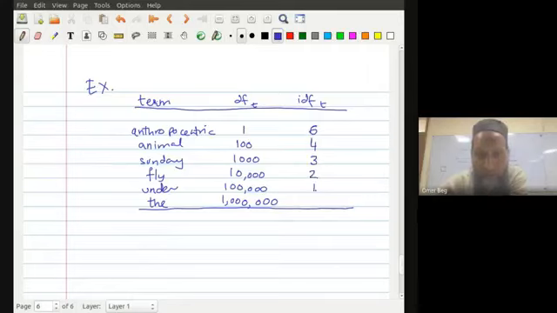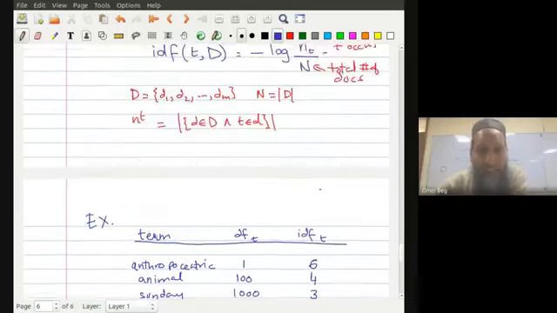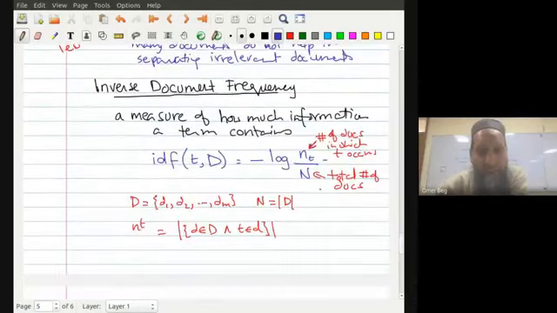And then under, a 1. And for the most common term, the IDF was close to 0. Not exactly 0, but very, very close to 0. So that's what IDF is. It gives the importance of the term in relation to a set of documents.